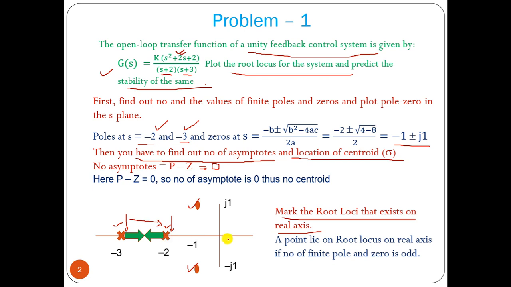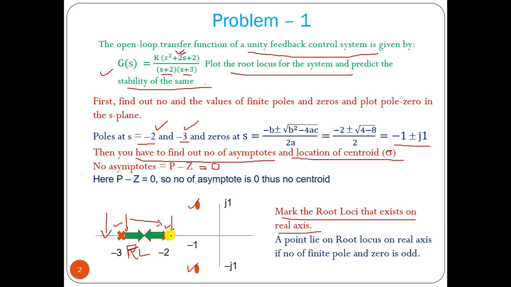You have to consider the real poles; you don't have to look at the complex zeros or complex poles. So one pole means the root locus exists, and after this point, with two poles, there is no root locus path. This is the root locus path that exists.